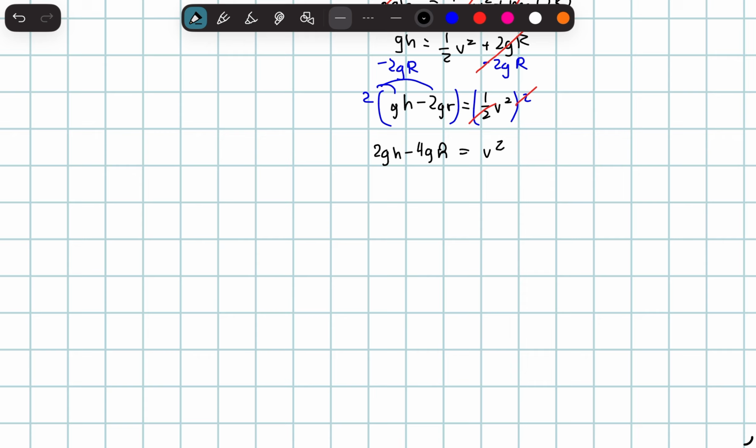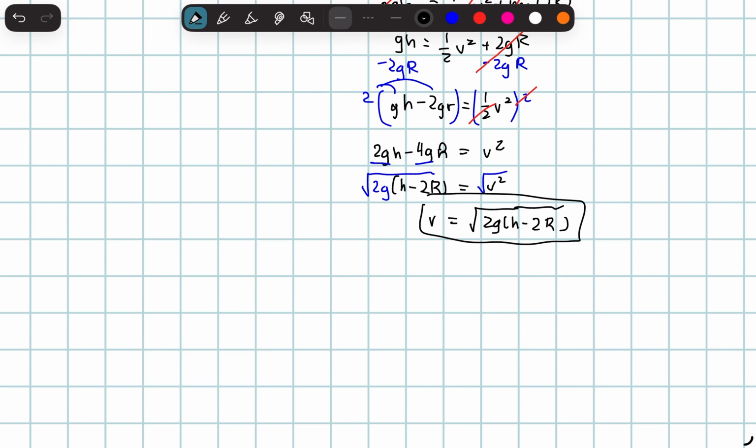Now we can see we have a common term, 2g, that we can factor out. We're left on the inside with h minus 2r. So that's going to be our v squared, and now we just want to get v. So v is just going to be equal to the square root of 2g times h minus 2r. And that is our result.